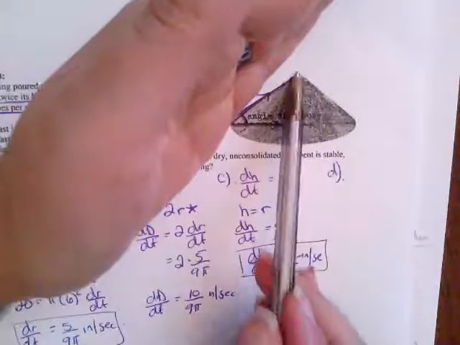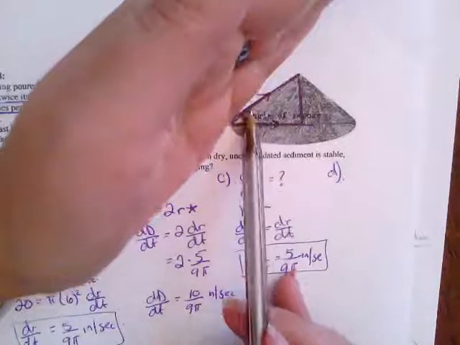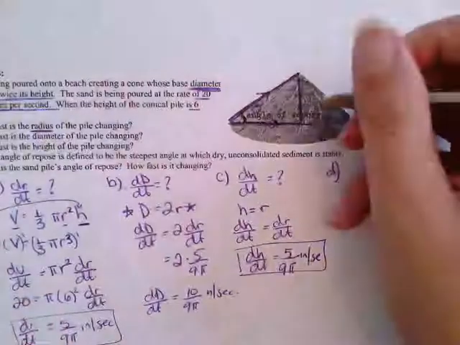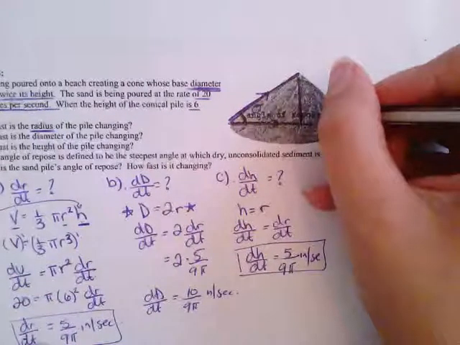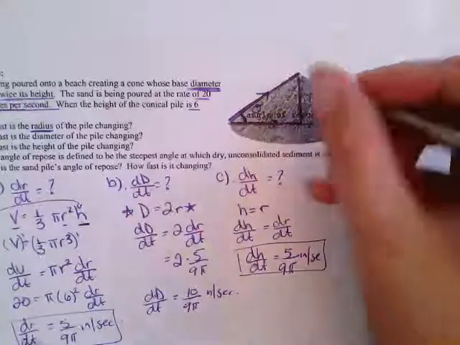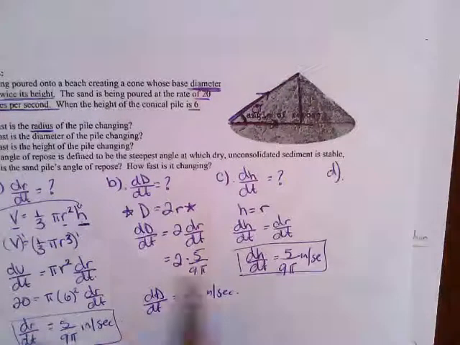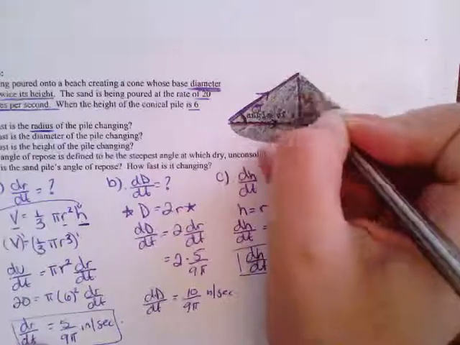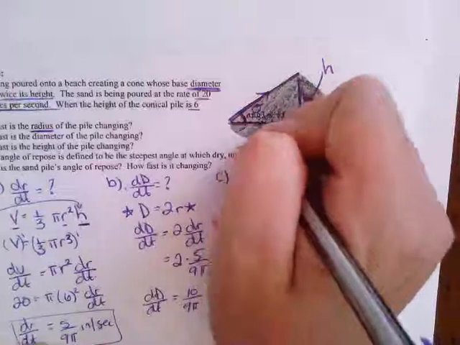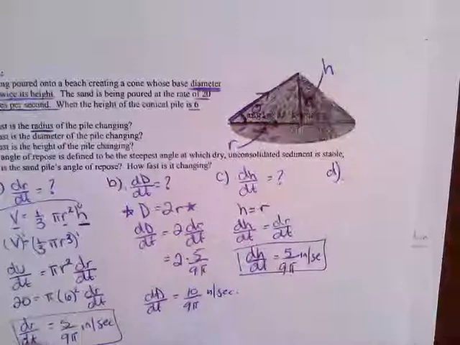So we're going to be comparing the height to the angle. So if this is the angle, we know that this right here is going to be called the height. And this guy right here is going to be our radius.